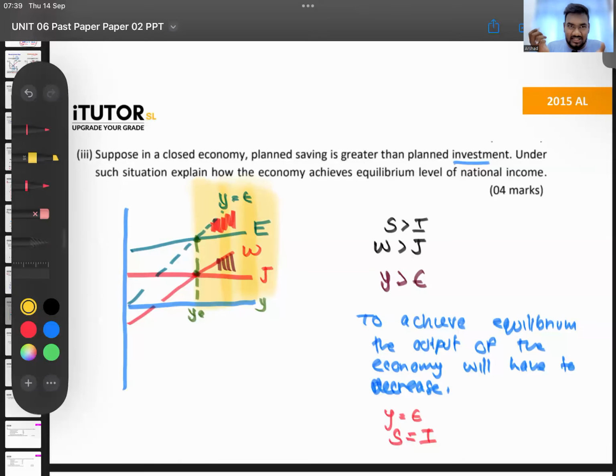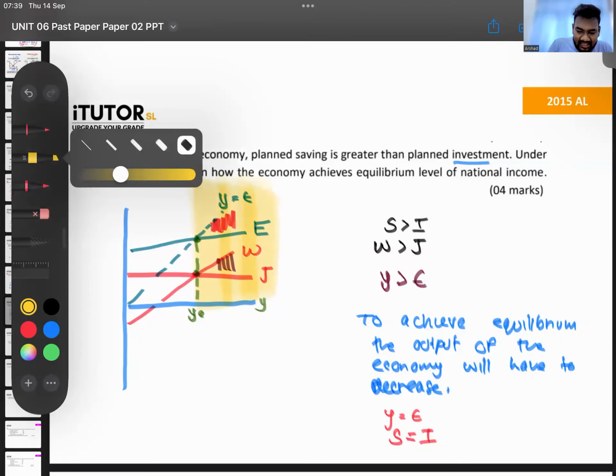Because the planned expenditure is lesser, but we have produced a much higher output, you have to now reduce the output. So no point. Therefore you can say the aggregate output will have to reduce. And then you can say the aggregate output will continue to reduce until the economy reaches the equilibrium where Y equals E. Until you come to this Y equals E point, what will you do?